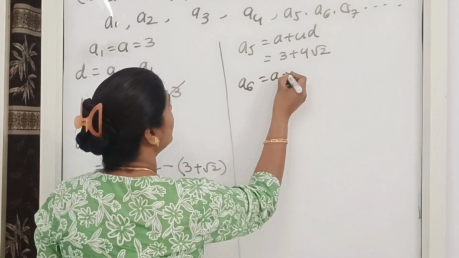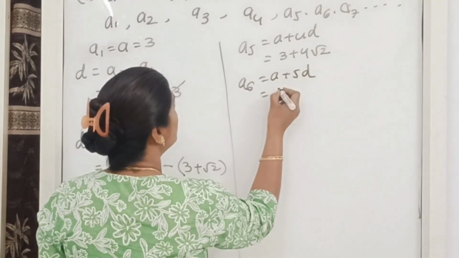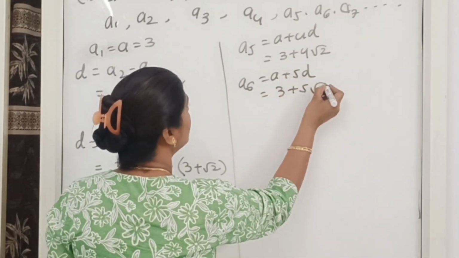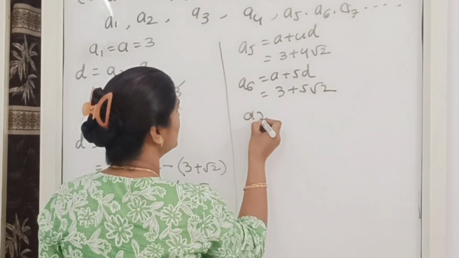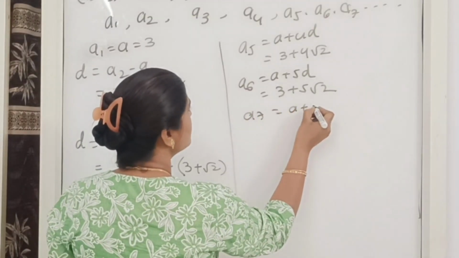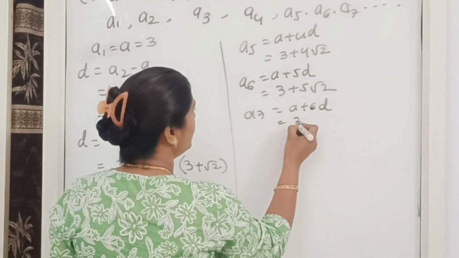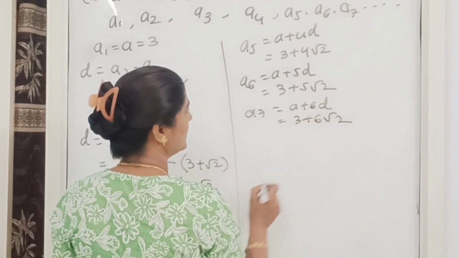Next one is A plus 5D. A is 3 and this also need to keep like that only. And A plus 6D, 3 plus 6 into square root of 2.